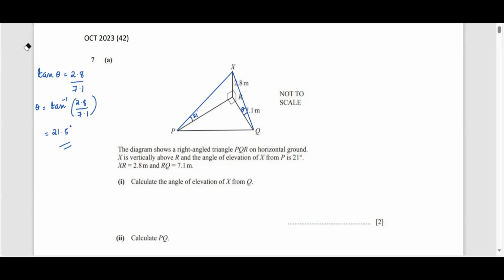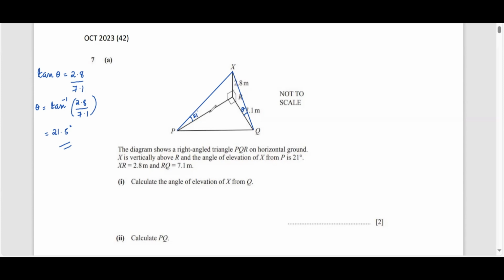Now, next one is calculate the length PQ. To calculate the length PQ, I know we have the side RQ as 7.1. So we need the side length PR as well, so that I can use Pythagoras to find out what PQ is. So to find out PR, the angle 21 is given here, and the opposite side is given as 2.8.